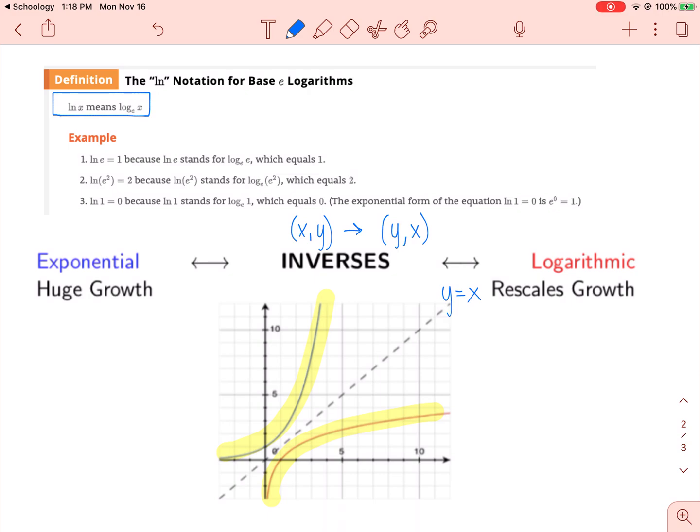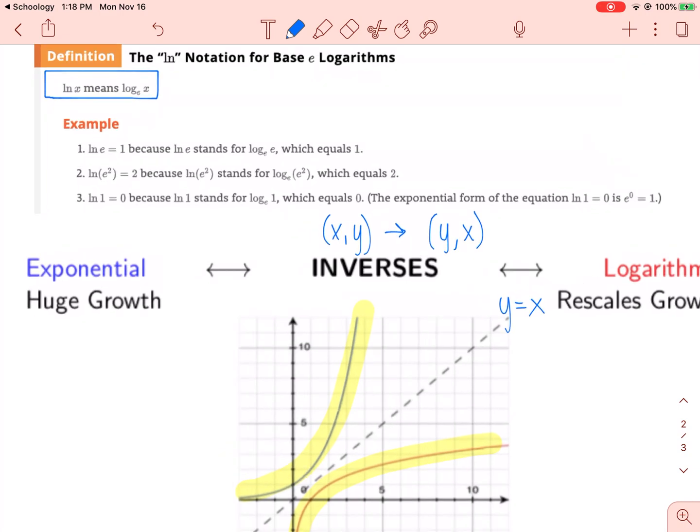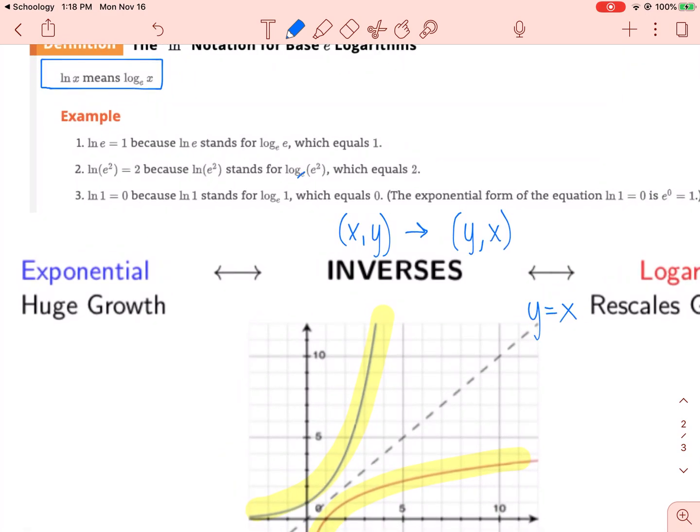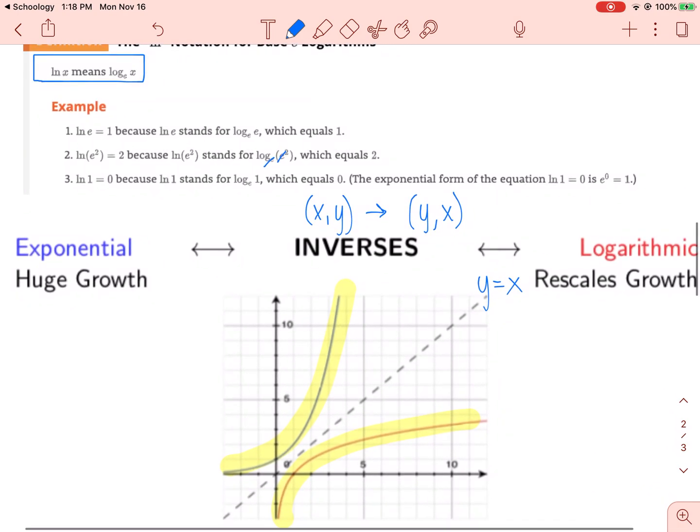For number 2, ln of e squared will equal 2. For the same reason, with the fact that this e will cancel with that e, and you're left with that exponent. Number 3, ln of 1 equals 0 because ln of 1 stands for log base e. Right there, equivalent.